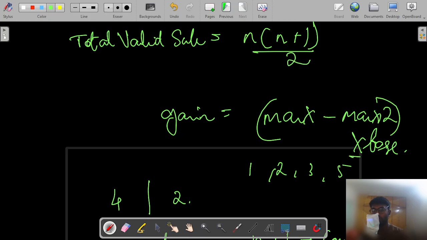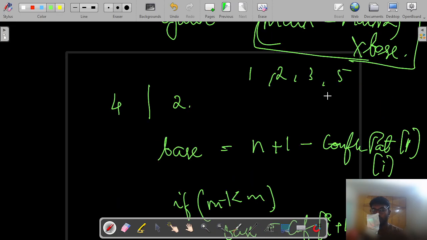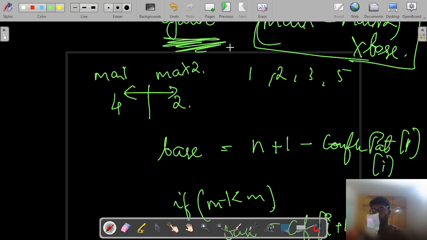Similarly, this also lies in the same order where we have two left boundaries, 4 and 2, max 1 and max 2. So this might be a little tricky one where we are saying between these two what are the total valid subpairs, and that's the part of the gain that we are doing.